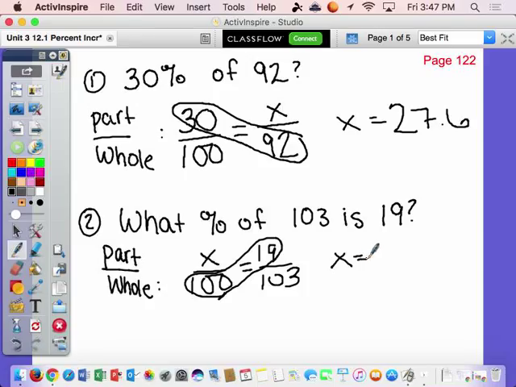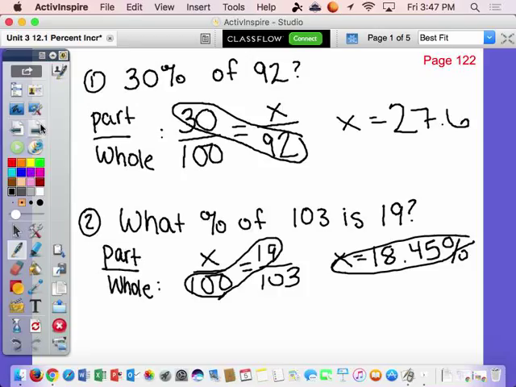And you should get about what? 18 and how many tenths or hundredths? If we round that second 4, it would be a 5. And obviously, if it's out of 100%, then this is a percent as well. Okay? So keep that in mind.